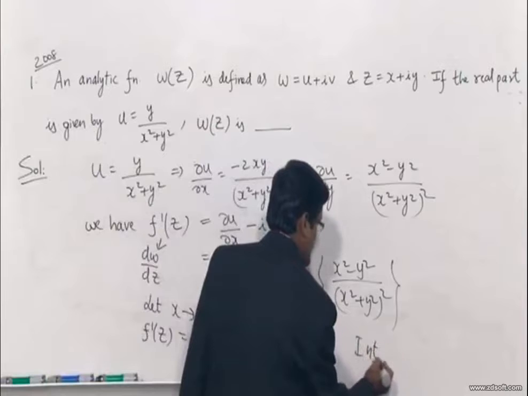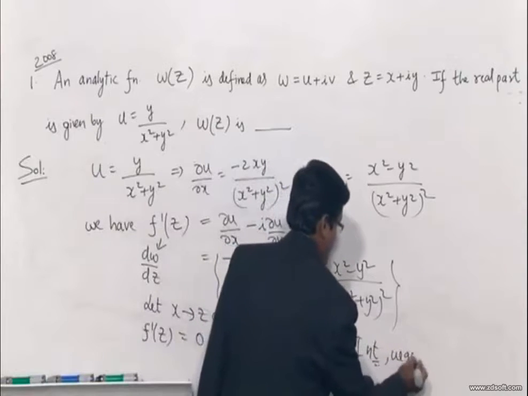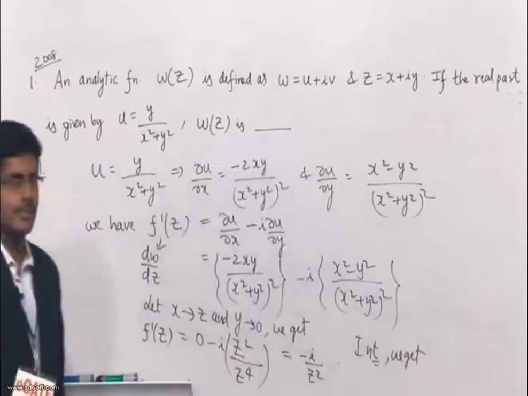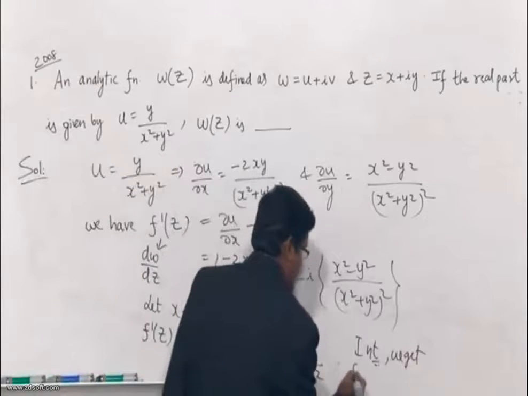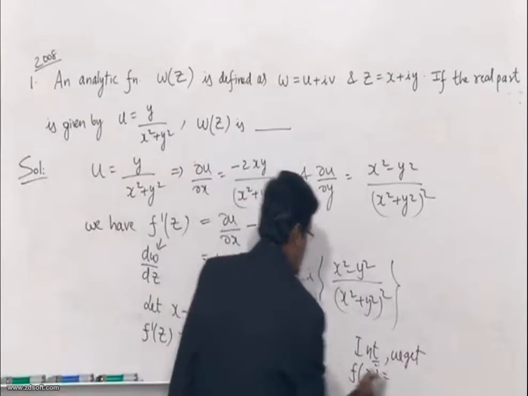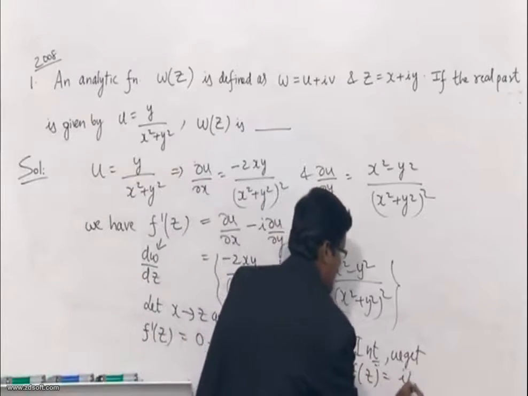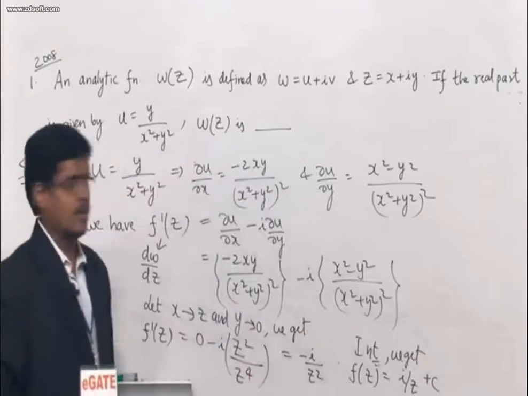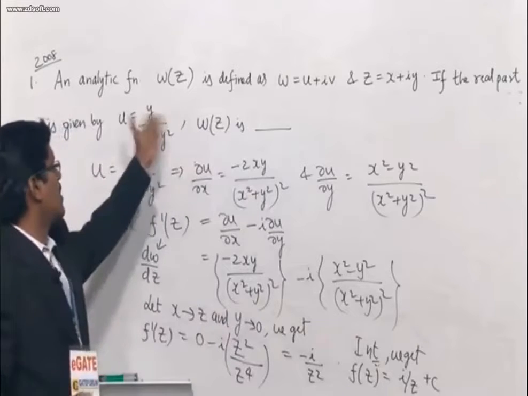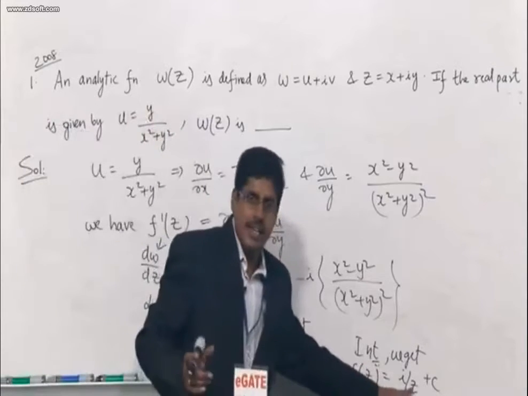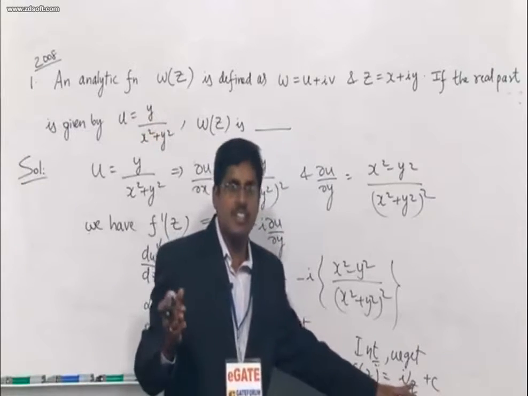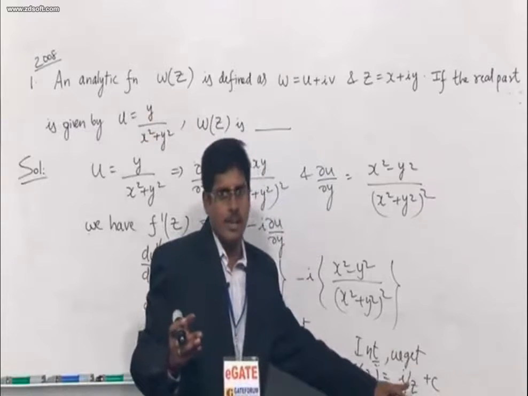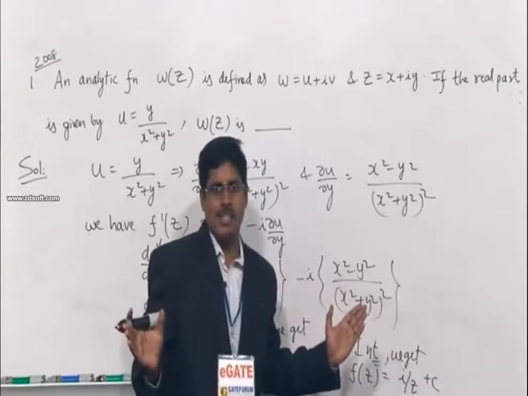Integrating, on the left side we get f of z; the integral of 1 over z² is minus 1 over z, so f(z) = i by z plus c. Your f of z is nothing but w of z, so just substitute z is equal to x plus iy. For verification, conjugate the denominator and separate real and imaginary parts.